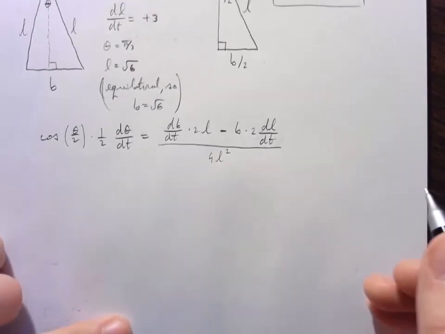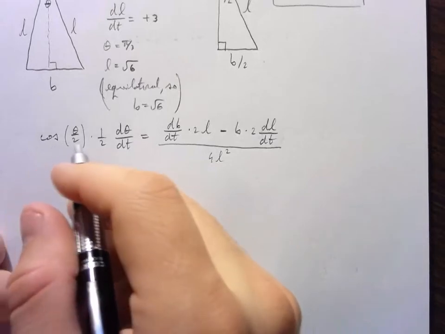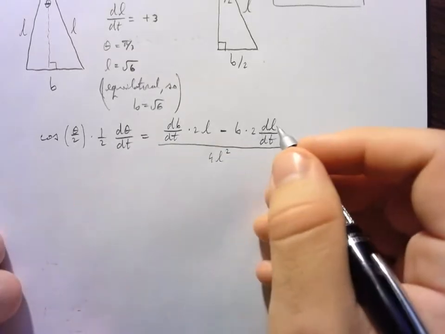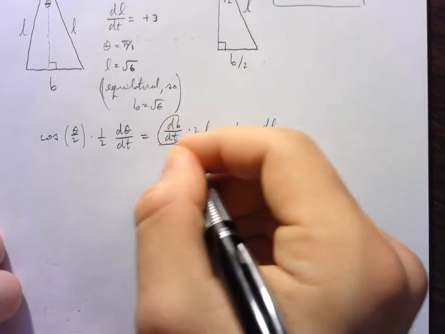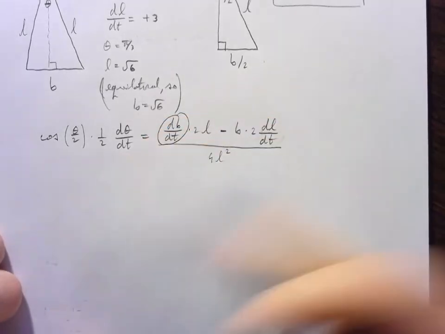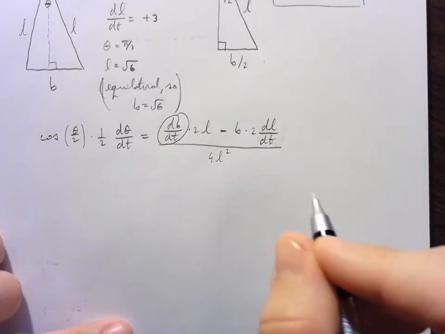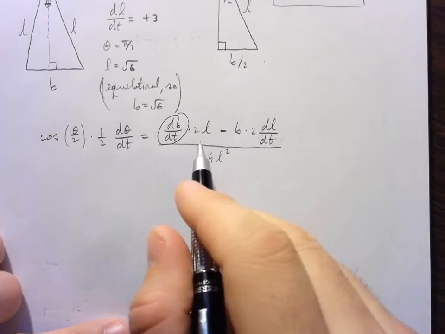Okay, so what do we know in this formula? I know theta, I know d theta dt, so that's good. I know dL dt. The unknown is this dB dt, so that's the thing that I'm trying to solve for.